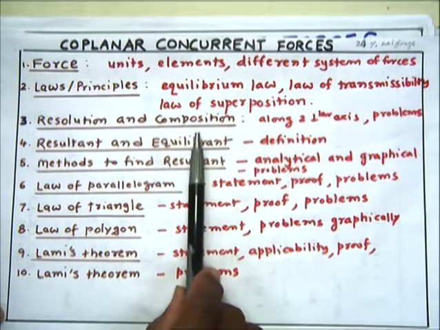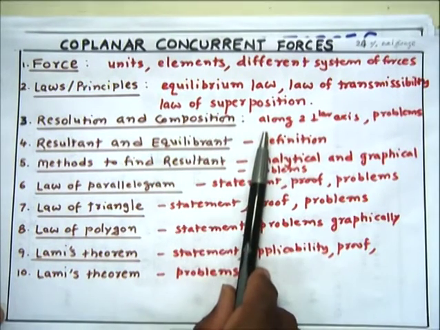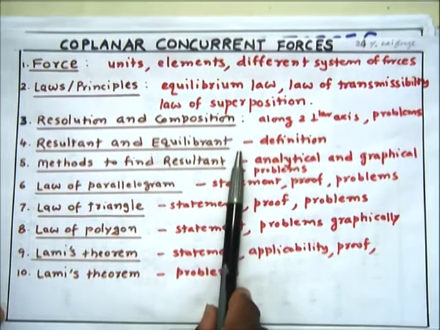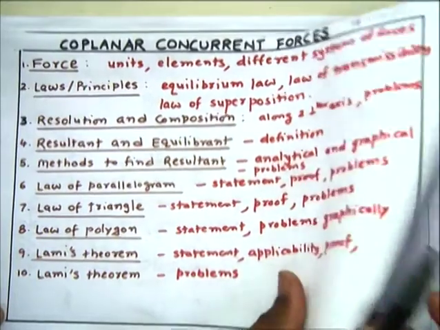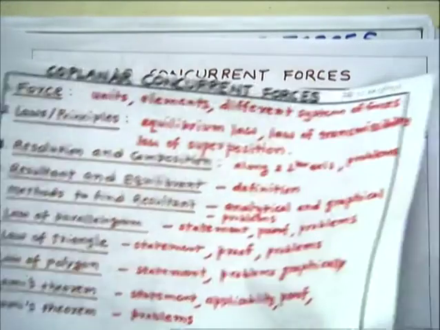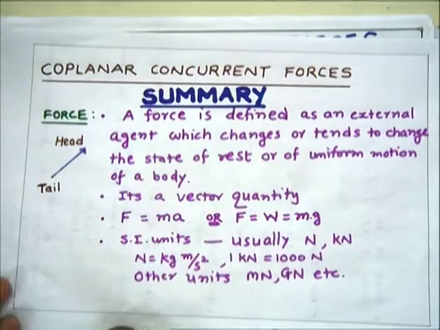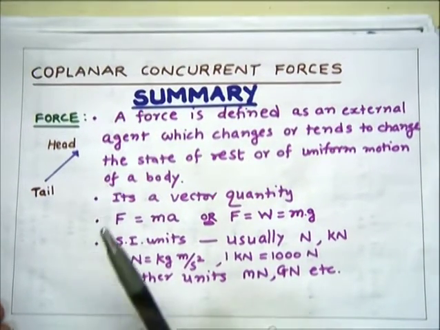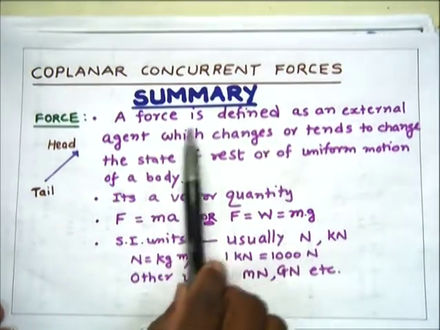Then in resolution and composition we discussed resolved components along two orthogonal axes and also along non-orthogonal axes, and then composition. And so let us have a summary of all these topics. So, coplanar concurrent forces summary.